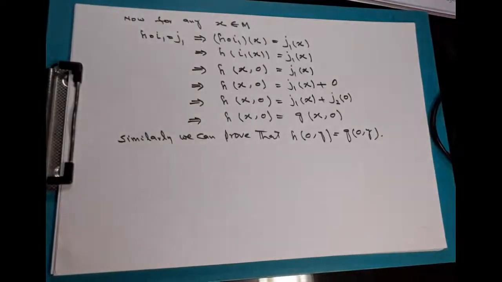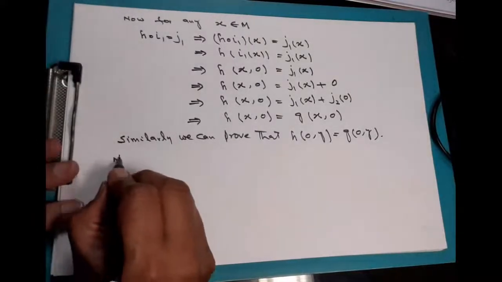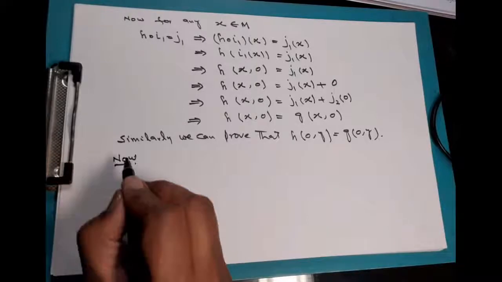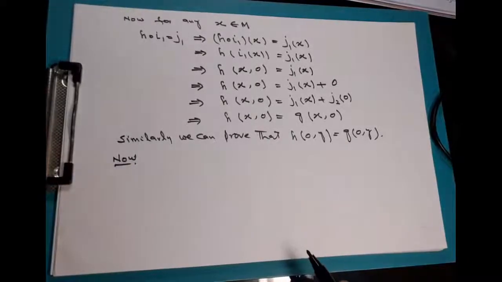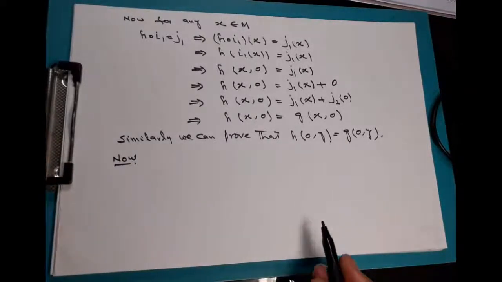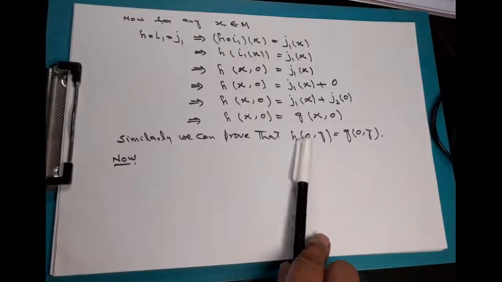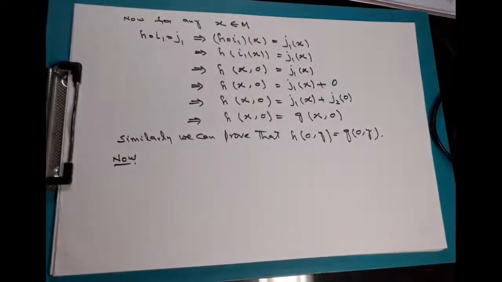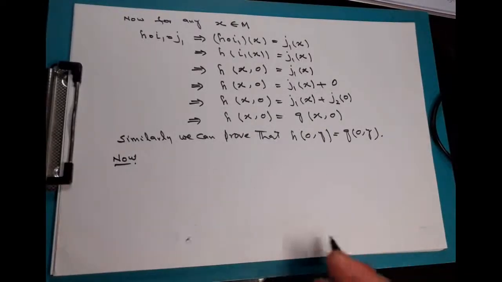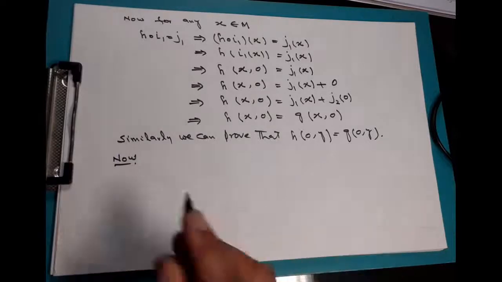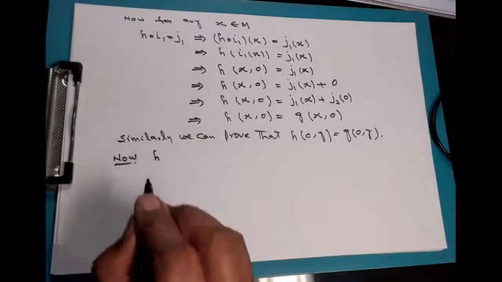So having done that, so far we have seen the effect of H on (x, 0) and the effect of H on (0, y). Now we will see the effect of H on a general element of M plus N. So let's do that.